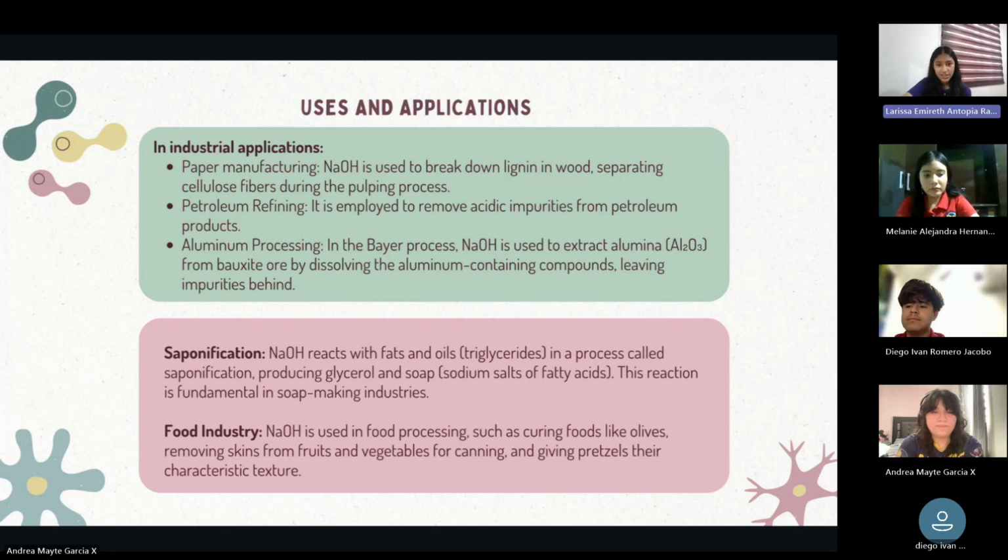In the food industry, sodium hydroxide is used for curing olives, removing skins from fruits and vegetables before canning, and giving pretzels their distinctive texture and color. Now, the importance.